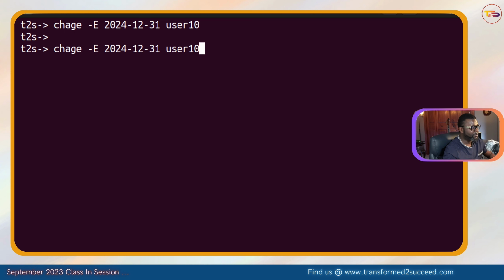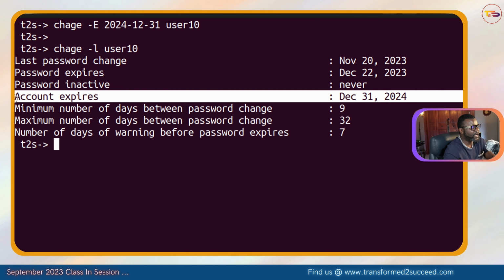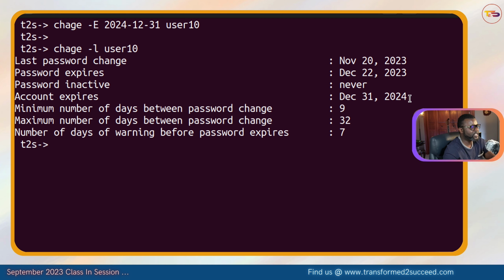Now we want to verify. So here we go. You'll see here, the account will expire on the 31st of December in 2024.